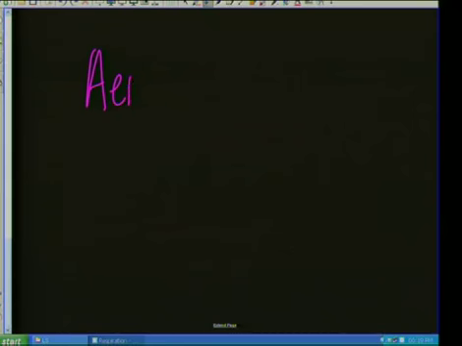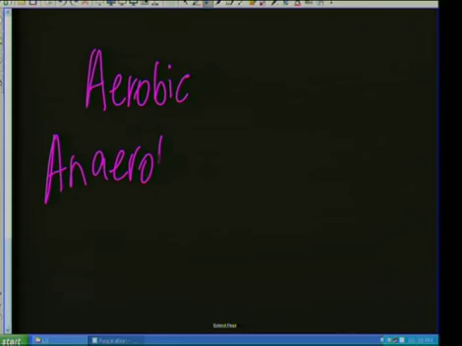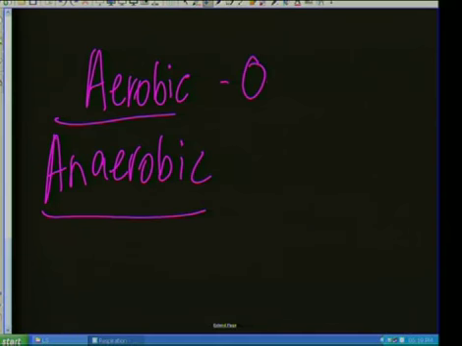Now, before we actually talk about the next idea, let's talk about these two things quickly. Aerobic and anaerobic. These are the two words that we have. Aerobic, oxygen is necessary.